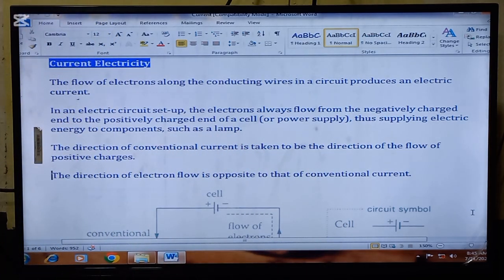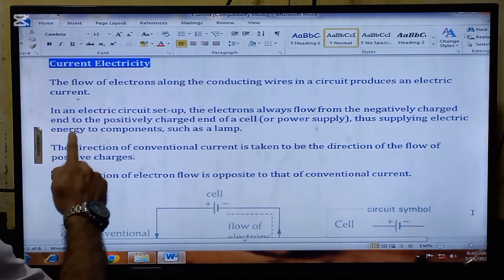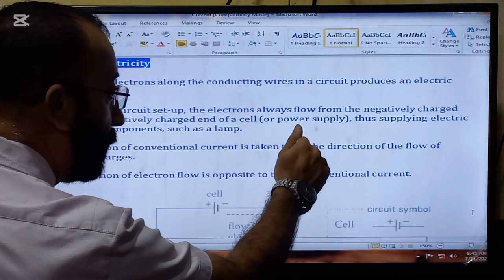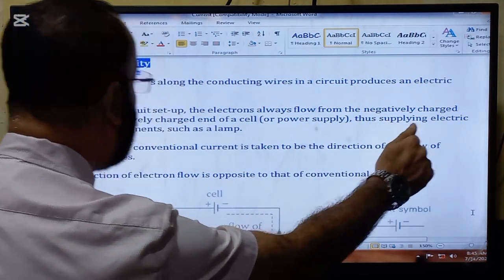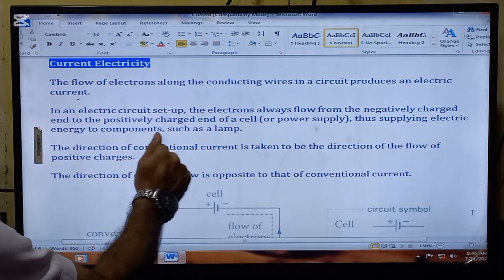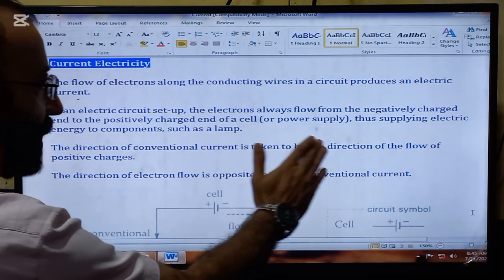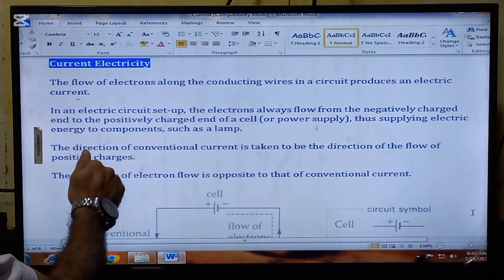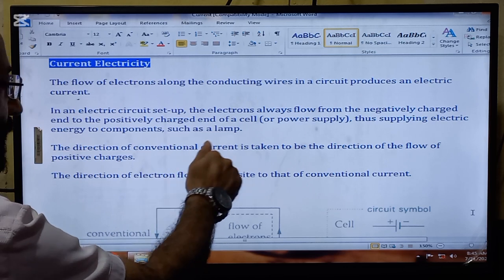This is a very important point to remember. Thus supplying electric energy to components such as a lamp.